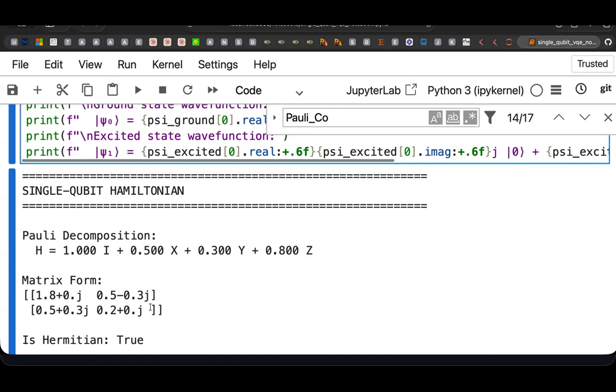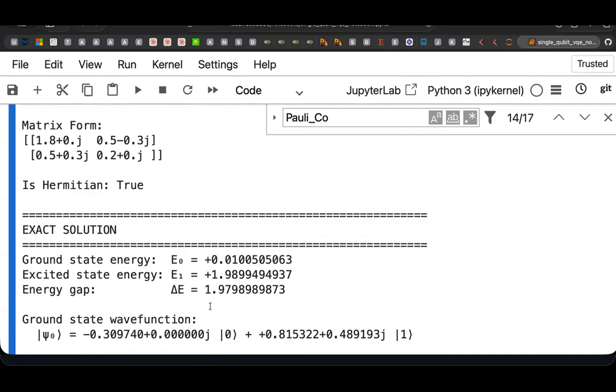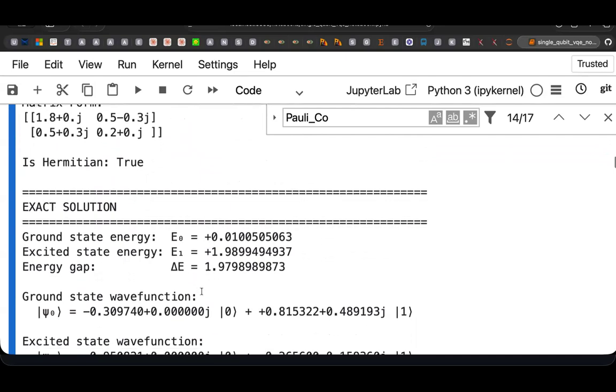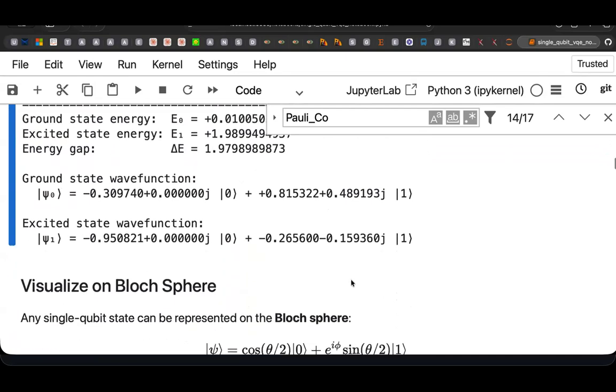In matrix form, you have these specific values with the entries which we chose for the parameters. We check that it is Hermitian. We found the ground state energy by diagonalizing, and we found the excited state energy. And this gives us also the ground state wave function and the excited state wave function. And you see now the mixing of the coefficients here.